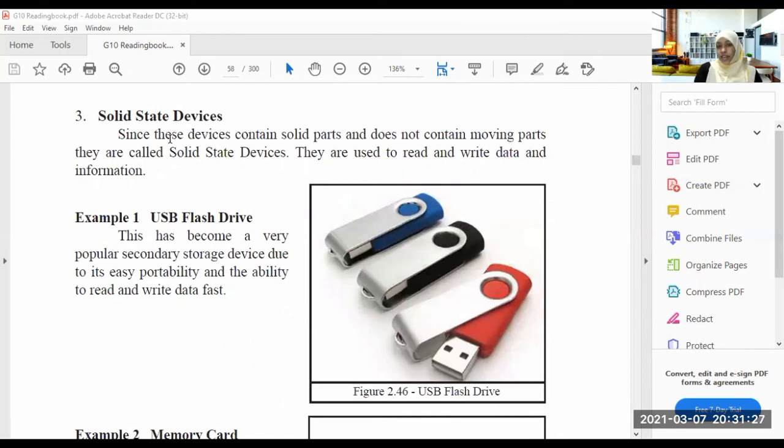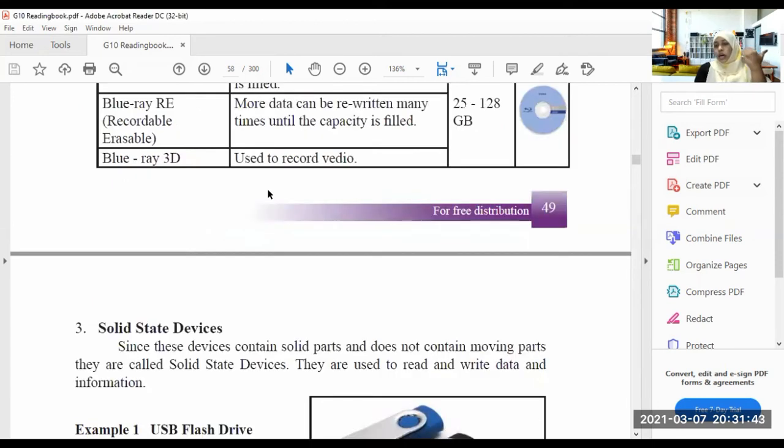Next one is solid state devices. Why are these called solid state devices? Since these devices contain solid parts and don't contain moving parts, they are called solid state devices. CD, DVD, the magnetic media and the optical media, all these media read and write data with moving parts, right?